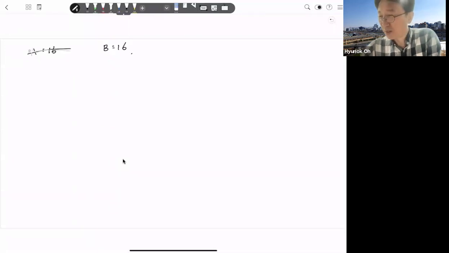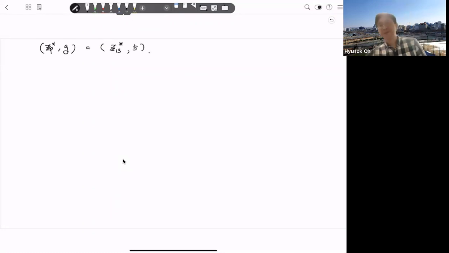Okay, so then let's look at a little bit easier case. Z13 star, comma g is given as 5. So there are 12 elements, and let's say generator g is 5.